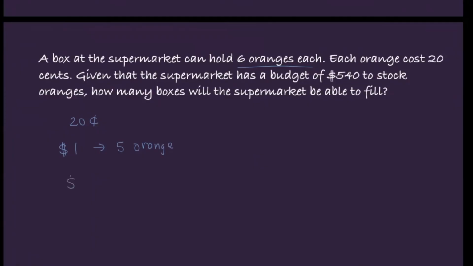And since we have $540 as a budget, that would be enough for 2,700 oranges. So we can buy this many oranges. And if you divide that by 6, 2,700 divided by 6, you get 450 boxes.